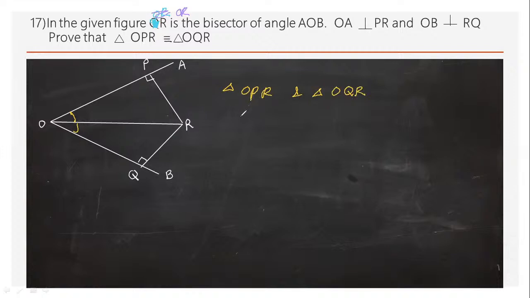What can you say? We can write angle POR equals angle QOR. That is given information. No need to write this whole thing, you can only mention given.